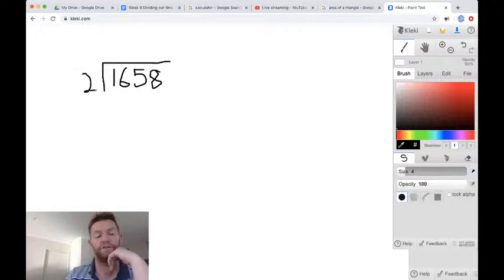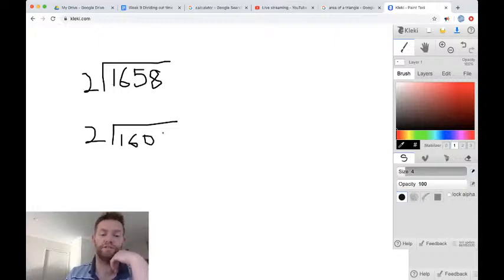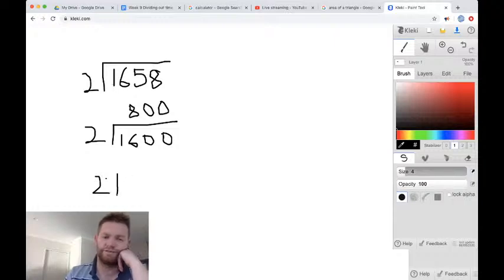The simplest way to do it is 2's into 1600, because you can use place value, ignore the zeros. 2's into 16 is 8, and then add the zeros afterwards. Then 2's into 50, which is 25, just in case you didn't notice. So 25.